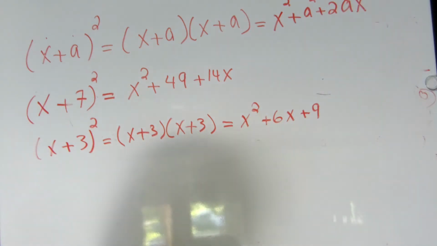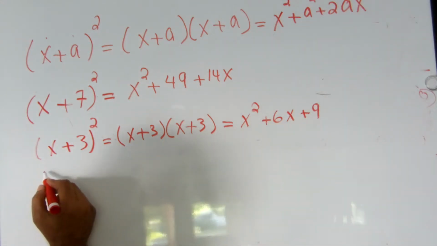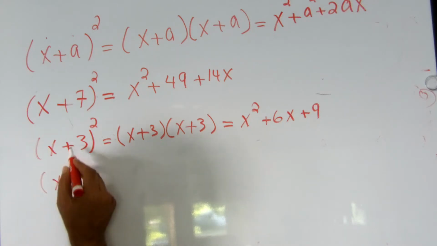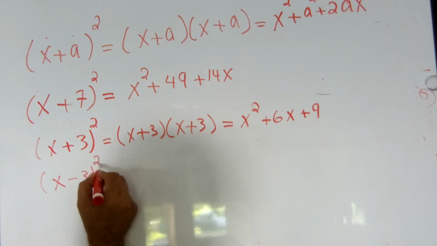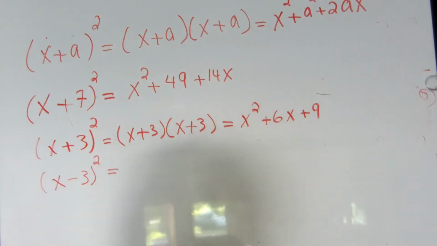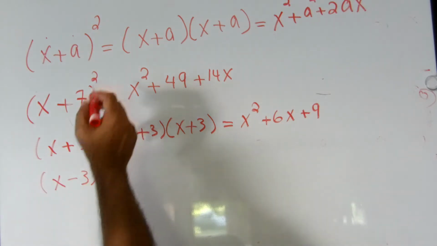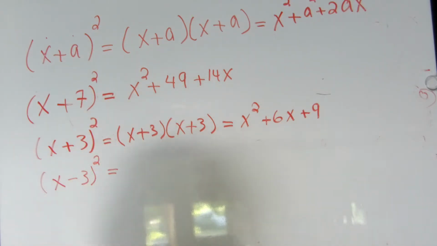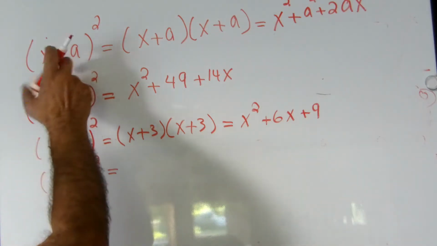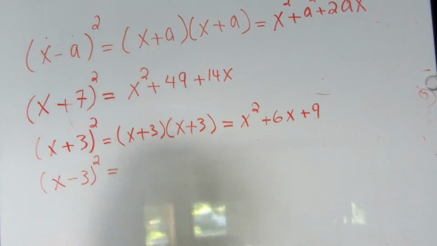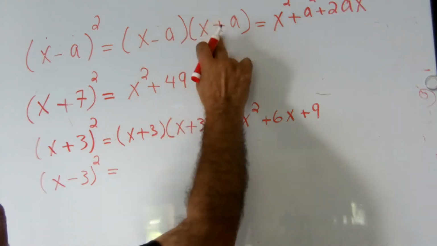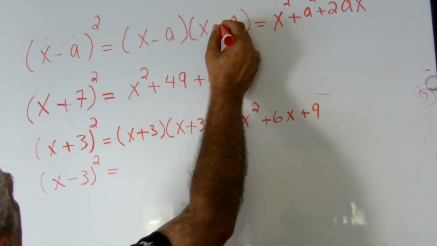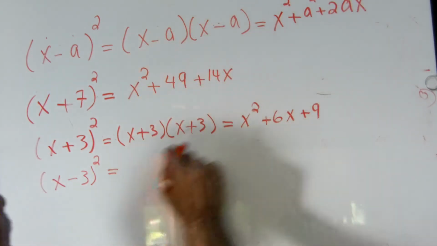How about the rules for that? How about if you have a minus sign, x minus 3 to the power of 2? This time the rule is, if there is a minus between these two items, then this is going to be x squared minus 2ax plus a squared.